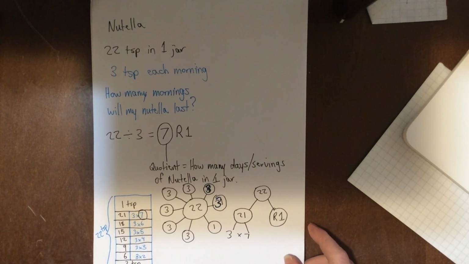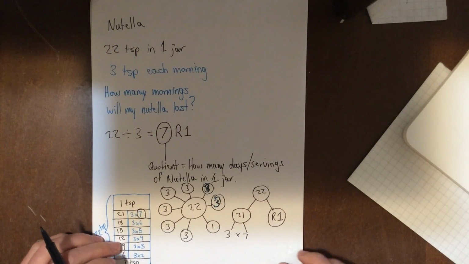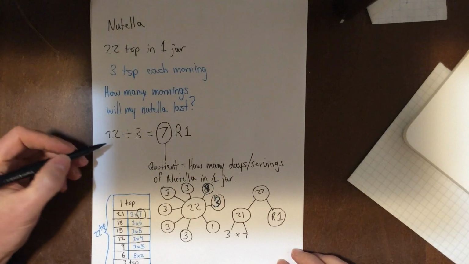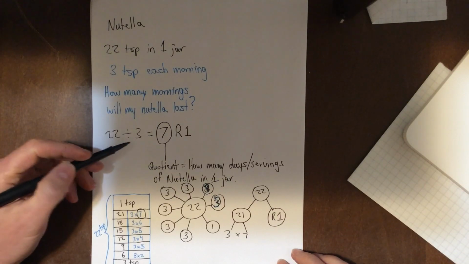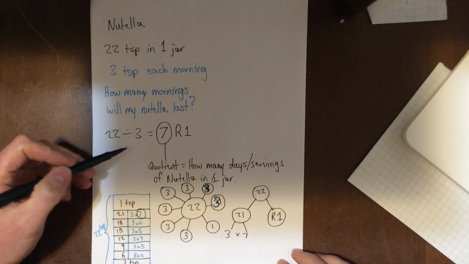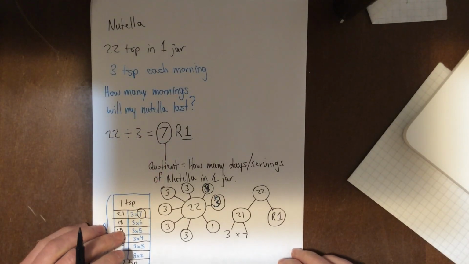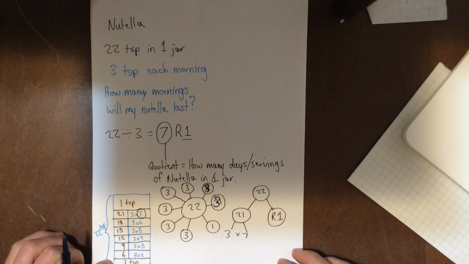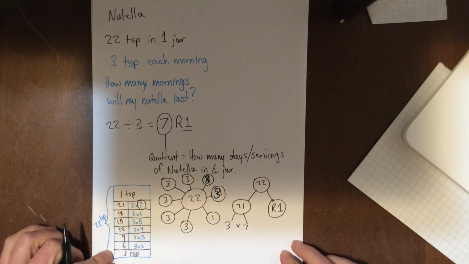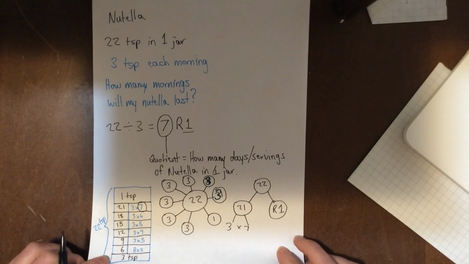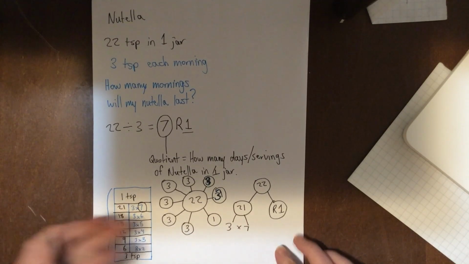So yesterday we looked at the Nutella problem and breaking 22 into groups of 3 and understanding what a remainder is. Okay, so we can see division as breaking apart.